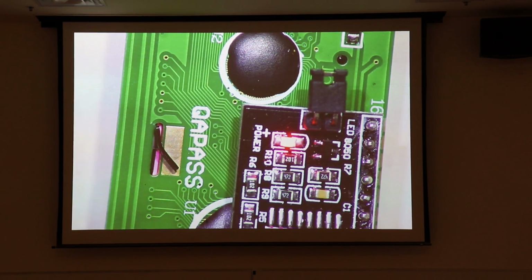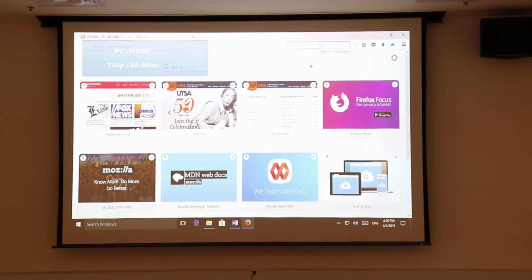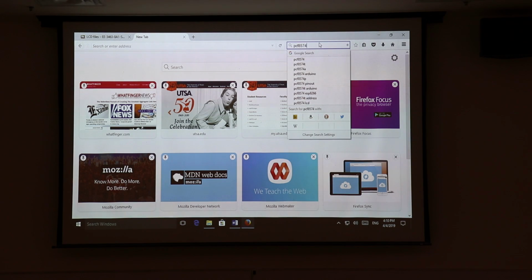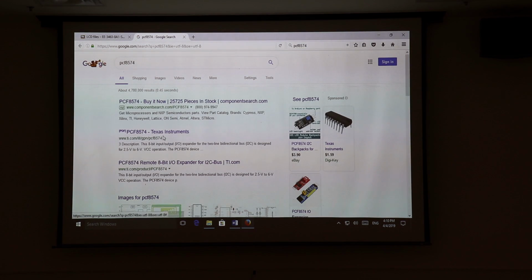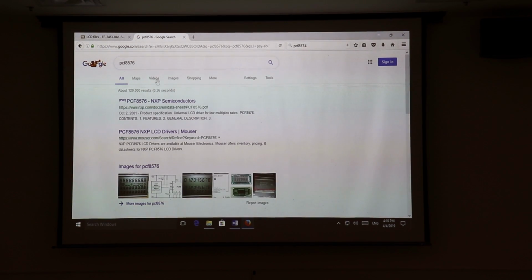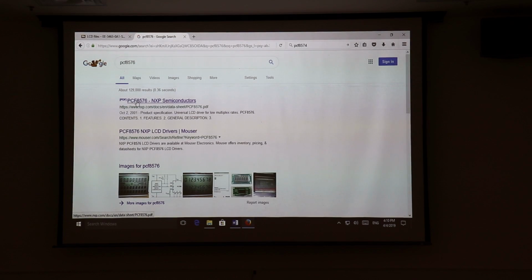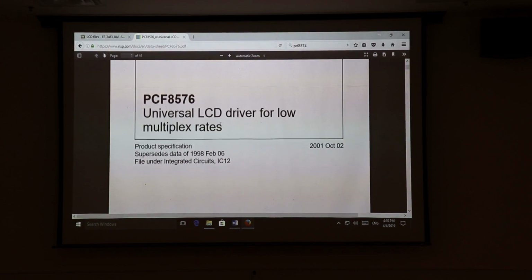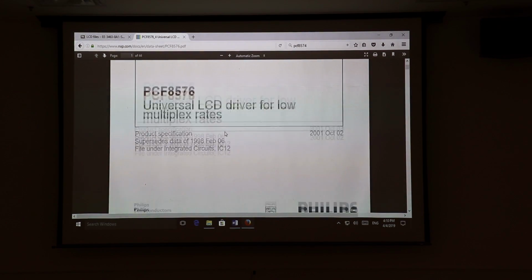Let's see. So I think there's an 8576, let's see. Yeah. So the interesting thing is, it's the same thing. It's a universal LCD driver for low multiplex rates.